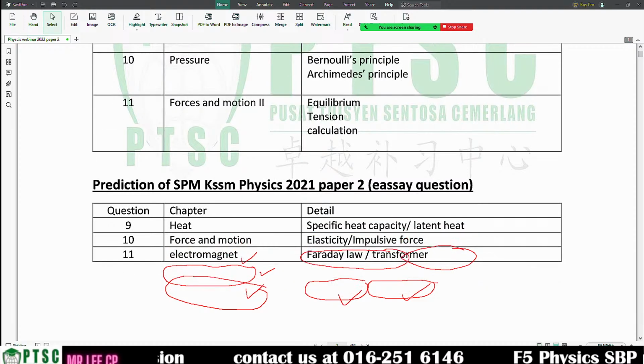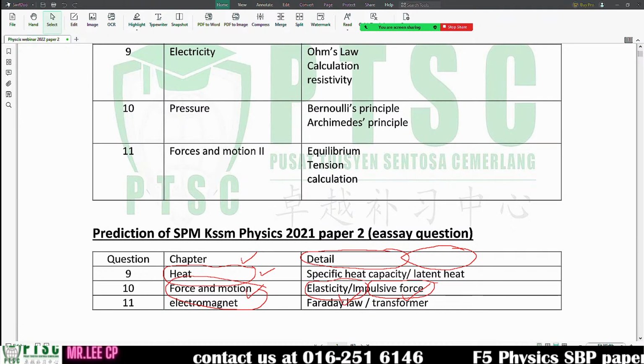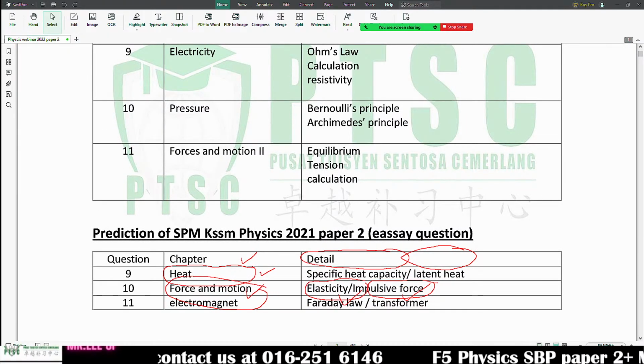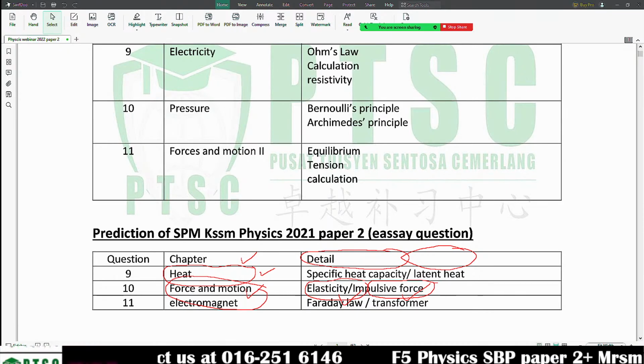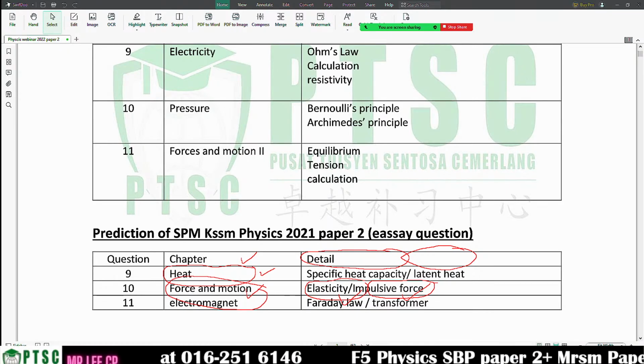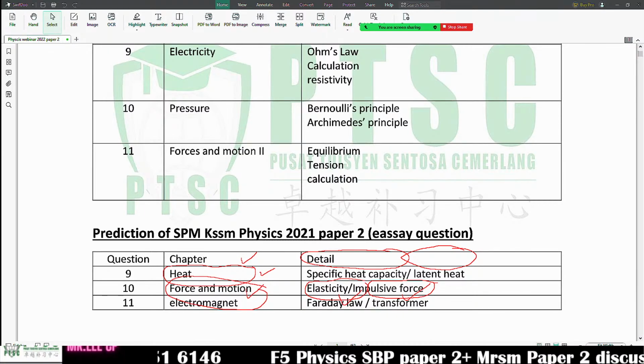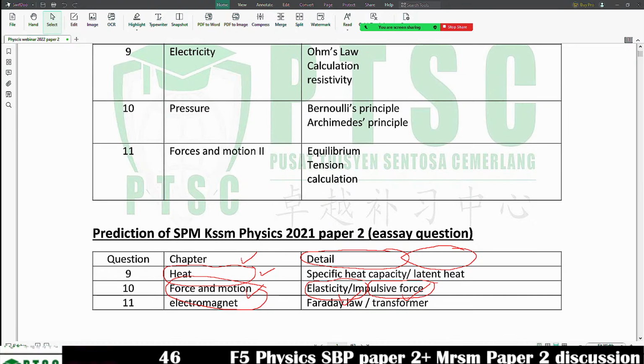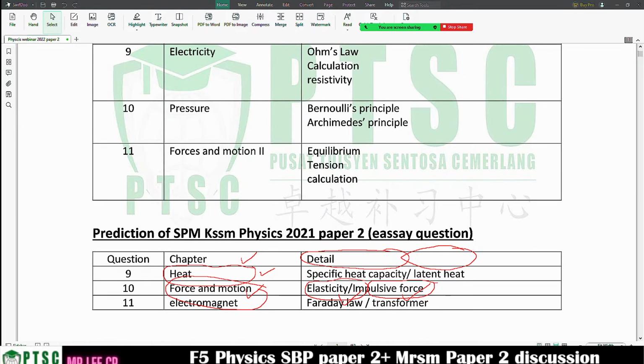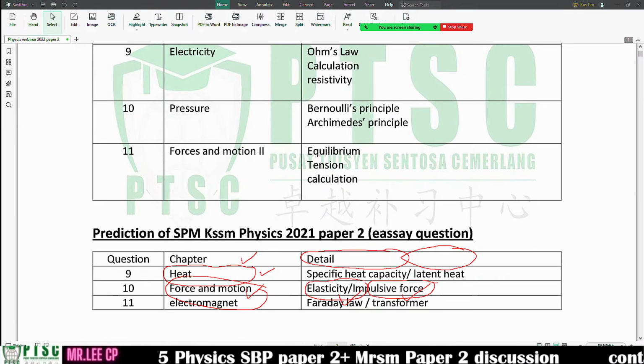So I hope you go and study these few chapters in more detail, right? Also, one more time, the SBP questions, if you don't mind, you do them one more time, two more times, and then you mark on your own.